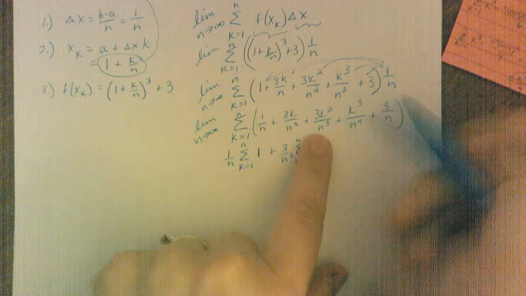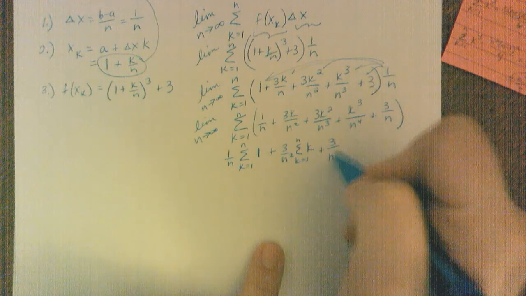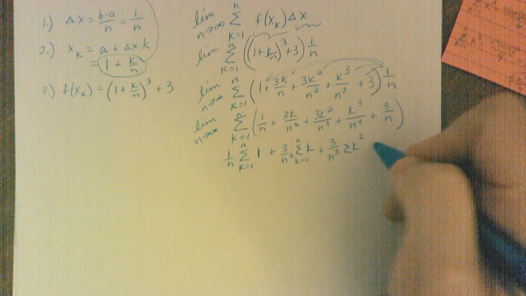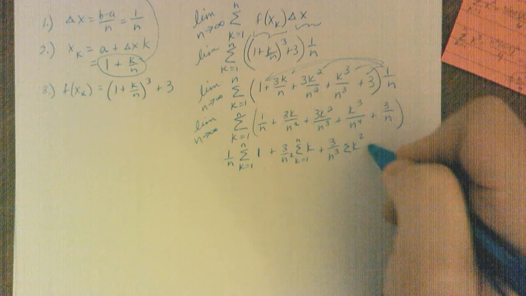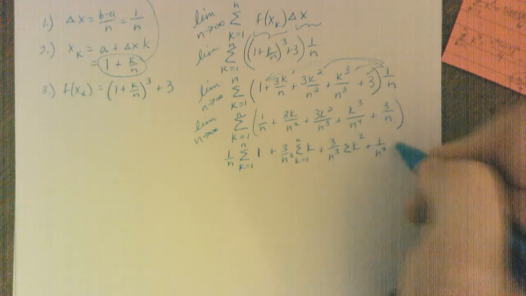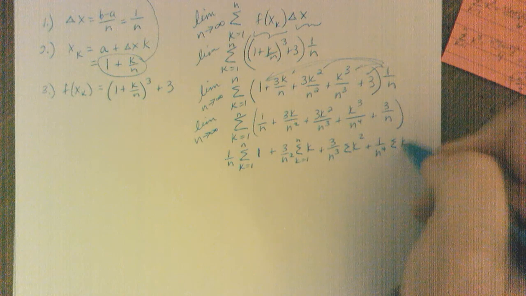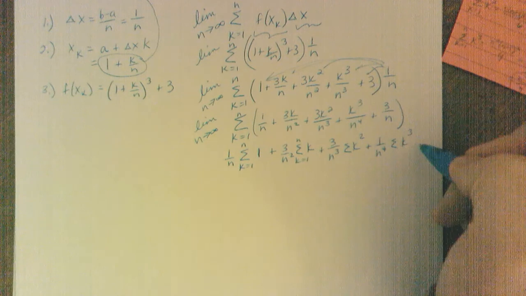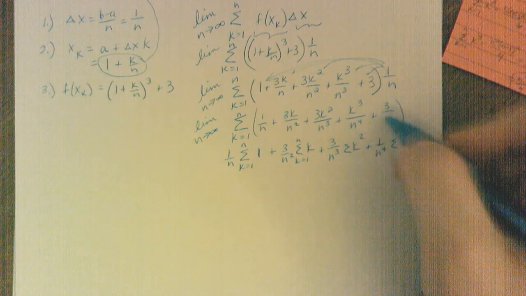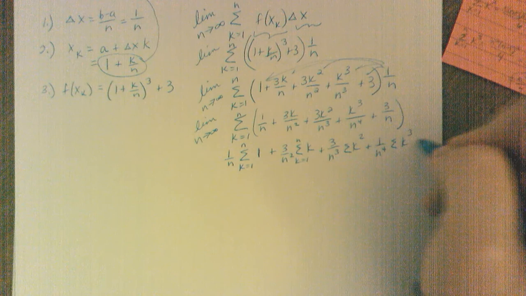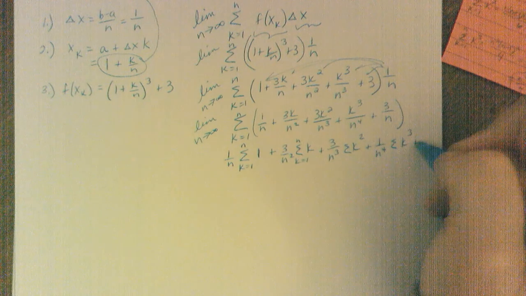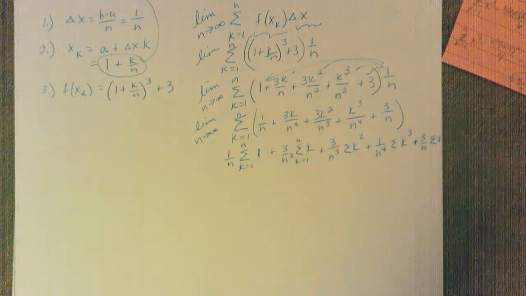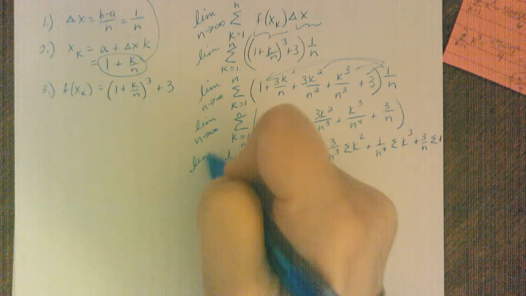For this one, I would take the 3 over n cubed, and I would have a k squared here. This one, I would take the 1 over n to the 4th, and I would have a k cubed. I'm not writing it all out here, but I think you get the point. And this one, again, you can take out the 3 over n, and you're left with a 1 there. Whew, this one's a doozy.